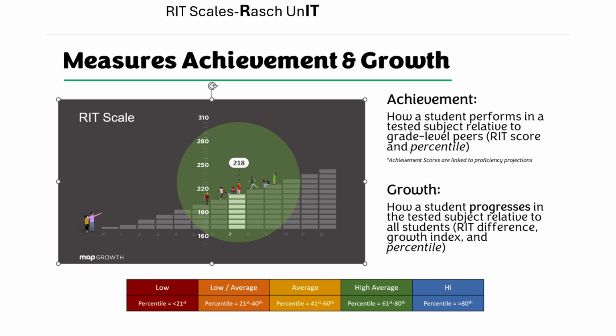For example, at the time of this recording, students may see test items 2 grade levels above or 2 grade levels below their current grade, again, depending on how they answer the test assessment items. The RIT score has the same meaning regardless of the grade or age of the student.